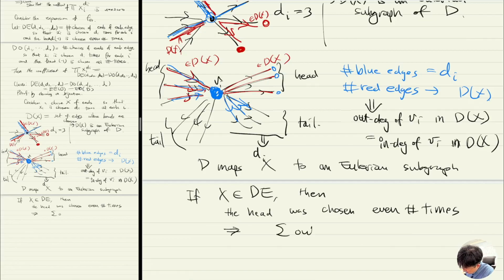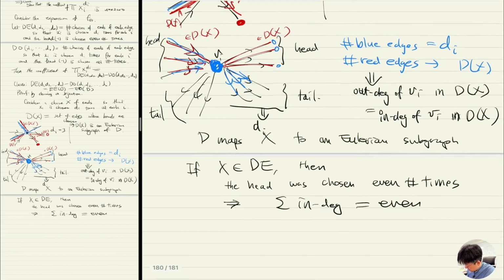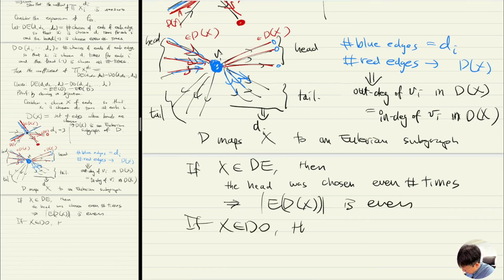The sum of the in degree is even in dx. I mean, I don't have to say it this way, because the number of edges in dx is even. If x is do, then of course the number of edges of dx is odd.